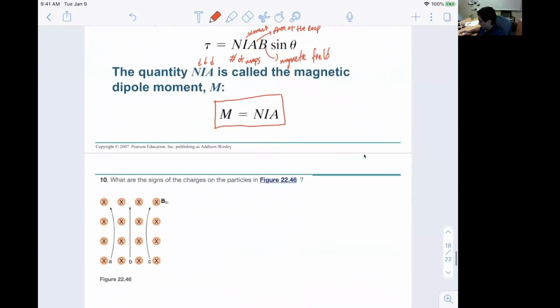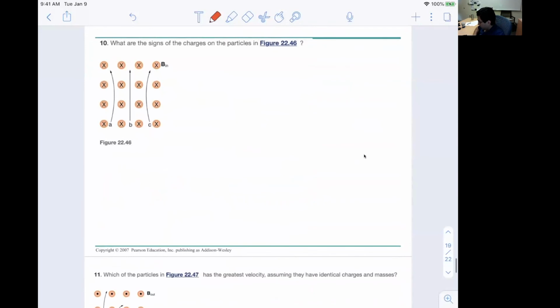So let's solve some examples. You have A, B, C particles. What are the signs of the charges on the particles when they move along these paths in a magnetic field going into the page? So let's say for A, you have velocity.